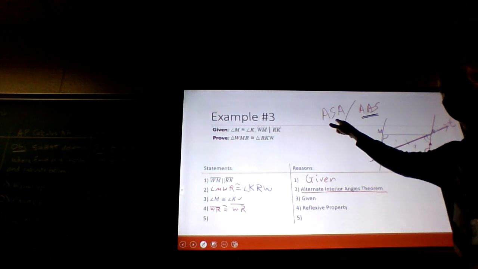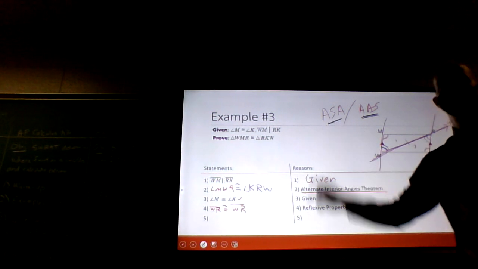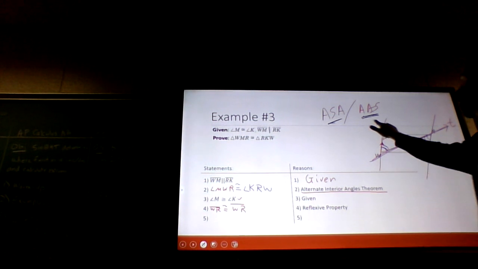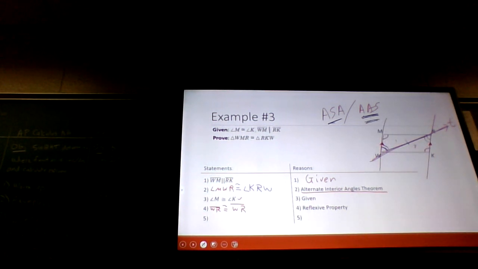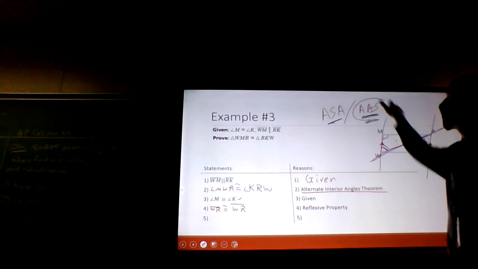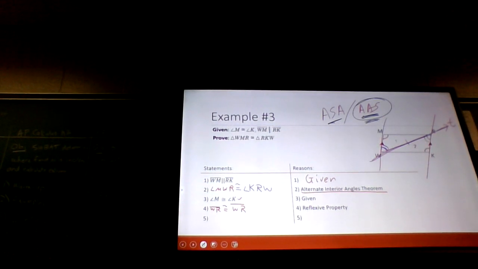Or ASA, this one? You think it's this one? Sean, what do you think? Think it can be AAS. AAS? Okay, so we got 2 people for this one. What do you think, Vaughn? Kind of tricky. It is tricky. Not sure? Anthony? Oh, you already said this one, didn't you? This is the right answer.